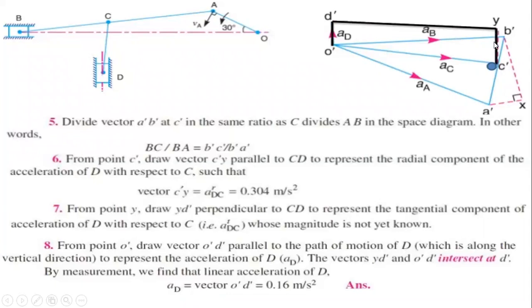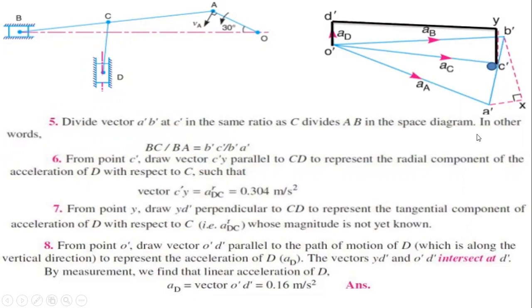So we need to find the distance, that is the radial component of the acceleration of B with respect to C, that is C dash Y. Therefore vector C dash Y is equal to radial component of the acceleration dc.